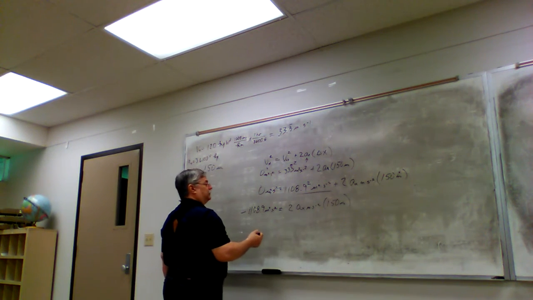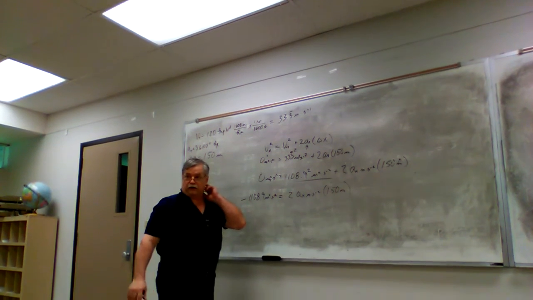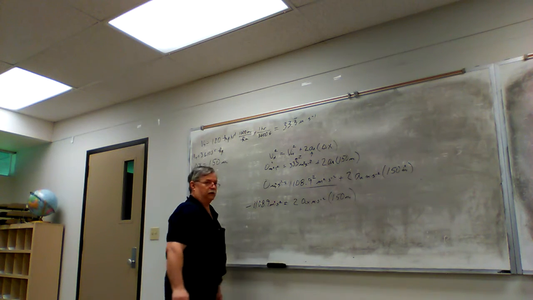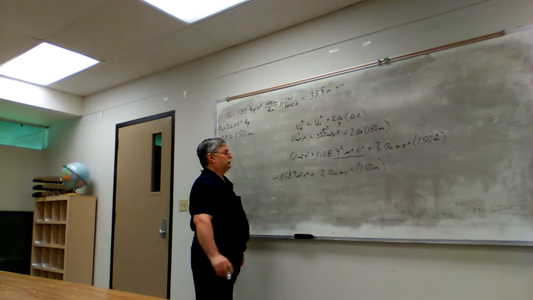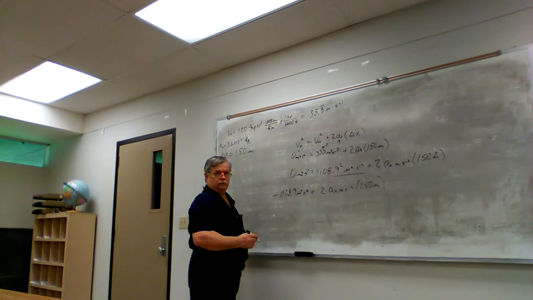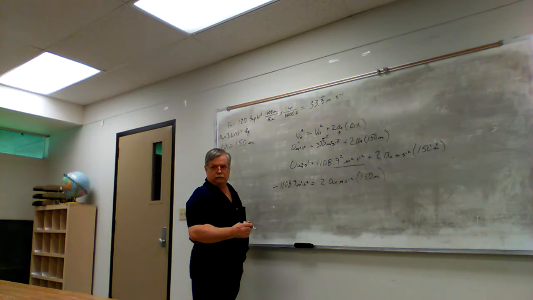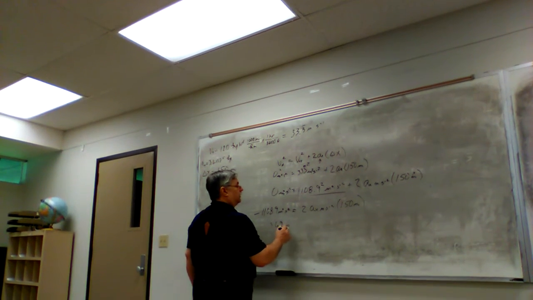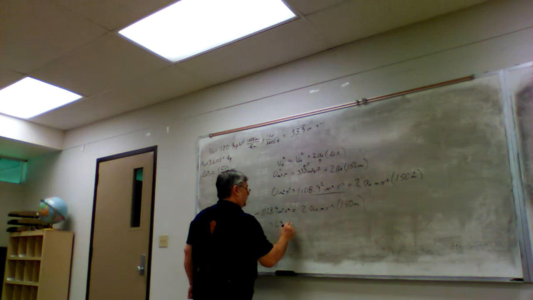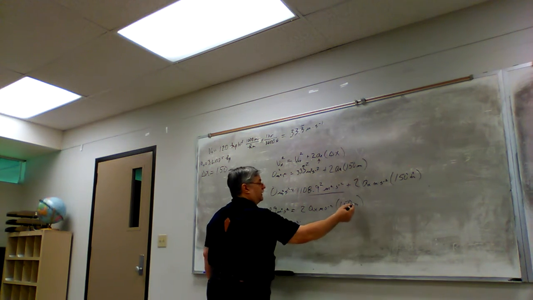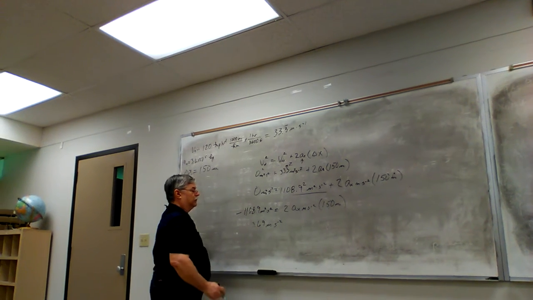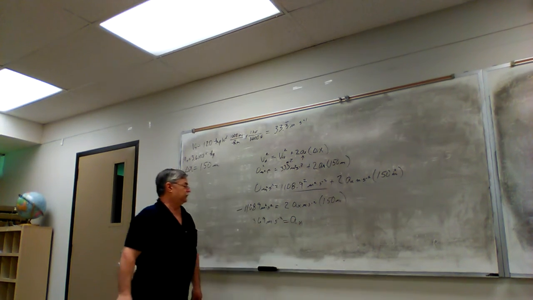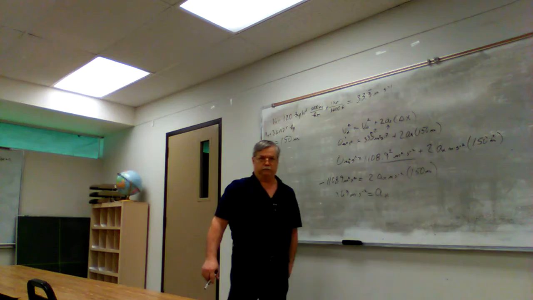Divide both sides by 2 times 150, which is 300. What's 1108.9 divided by 300? 3.69 meters per second squared, because we divided out 1 meter from the meter squared, and that gives us our acceleration in the x direction in the proper units.